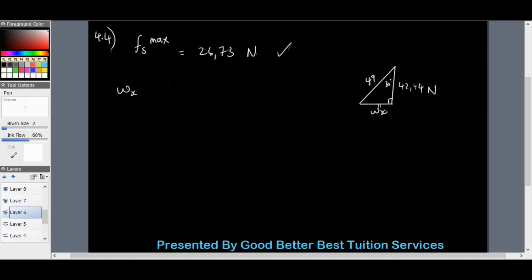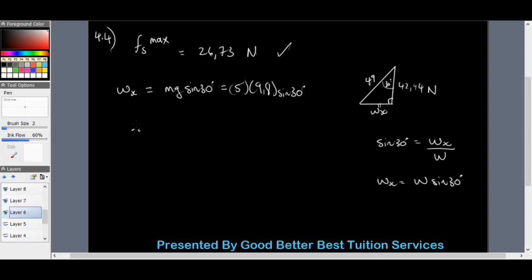We're going to find out what that component of weight is. Obviously it is opposite the angle, so sine 30 is going to equal opposite, which is Wx, over hypotenuse, which is just W. We rearrange that: Wx equals W sine of 30 degrees, and we know weight is mg, so Wx is equal to mg sine 30 degrees, which is 5 times 9.8 times sine of 30.